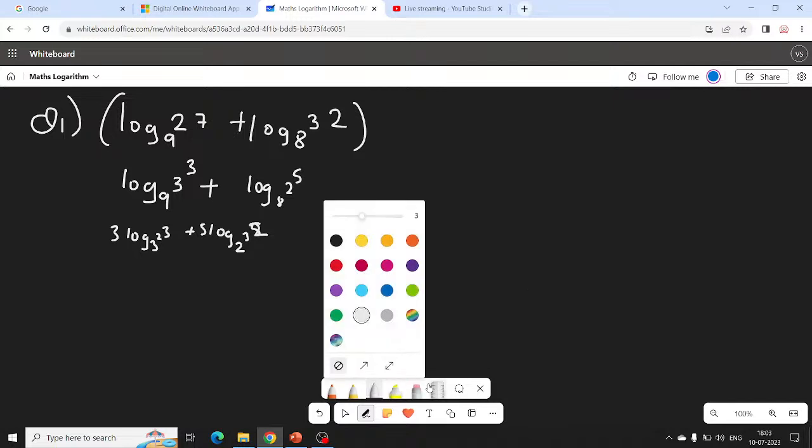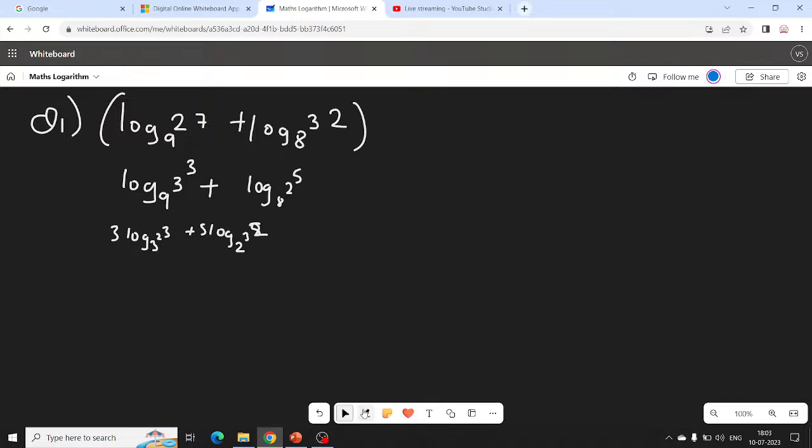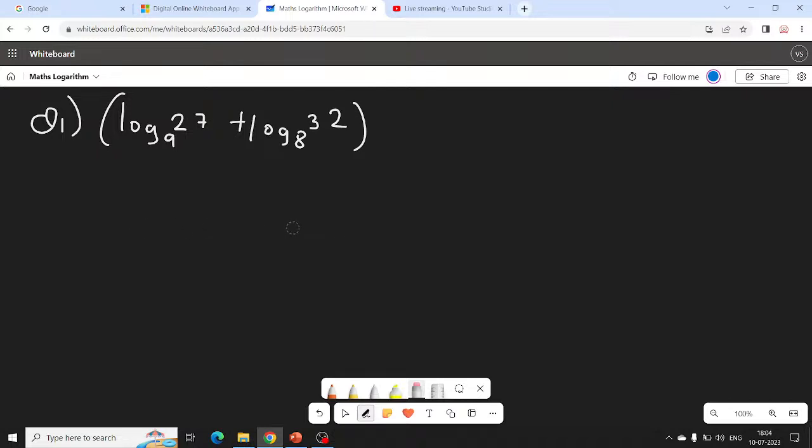Getting the answer? Okay, look here, I'll solve here. The first term here is log 27 to the base 9, correct? So 27 can be written as what? 3 cube, correct? And what is this here? Log will come, and what is the base here? 9. I gave you the formula for this. Log a to the base b to the power of m.